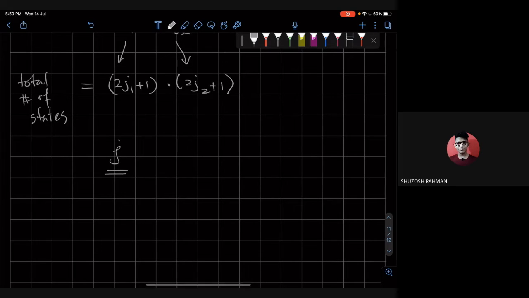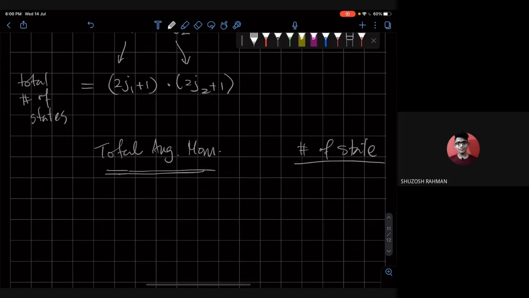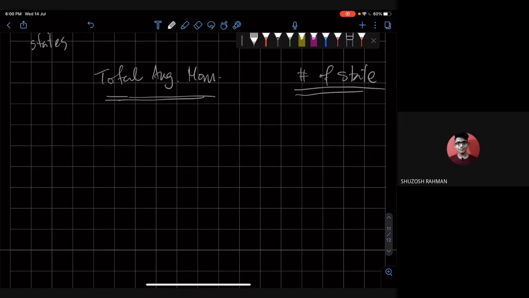So let's call it total angular momentum and number of states in that Hilbert space. Okay, so first we took them to be J1 plus J2, right?